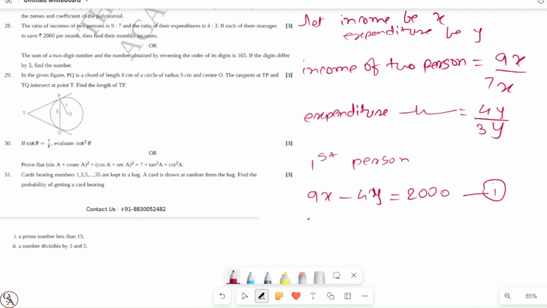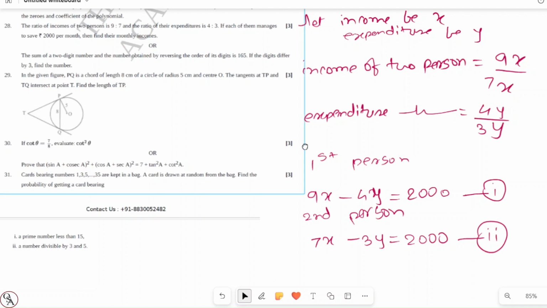And for the second person, the income is 7x minus the expenditure 3y, and they are going to save 2000 rupees per month. So let's solve these equations simultaneously and see what we get.